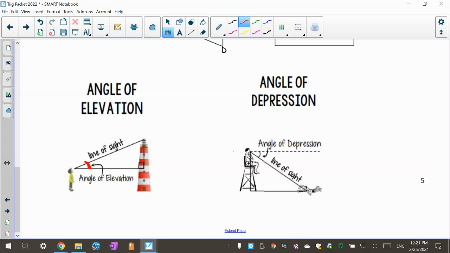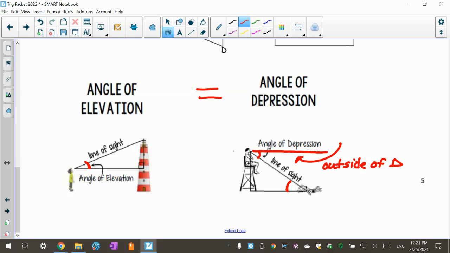The angle of depression is, here's somebody looking at somebody swimming in the water. Here's their line of sight. Excuse me, this is the horizontal line, I'm sorry. And they're looking down, and here's their line of sight. The angle of depression, do you see, is outside of the triangle. That's important for you to notice, because the angle of depression equals the angle of elevation, because right here's an angle of elevation.